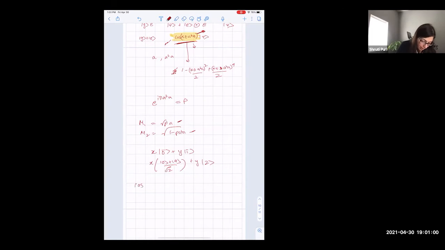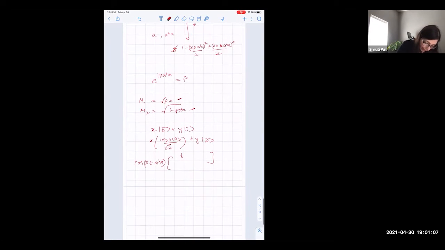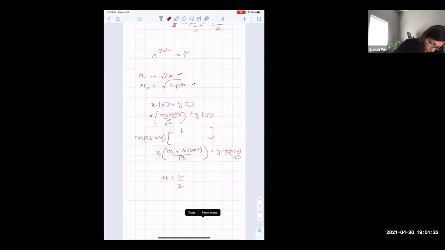If I apply cos(chi t a dagger a) to this state, I will get x times (0 plus cos(chi t) 4) over square root of 2, and here I'll have cos(chi t times 2) times 2.